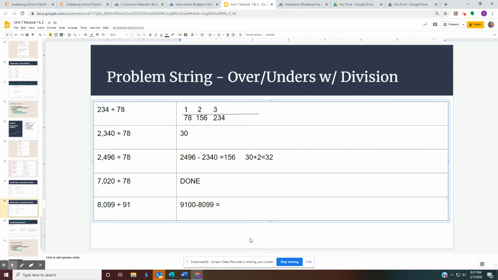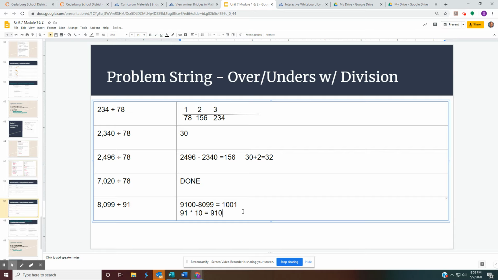What did you get? I got 1,001. Now, I know also that 91 times 100 is 9,100, right? But I also know that 91 times 10, what did you get? 910.